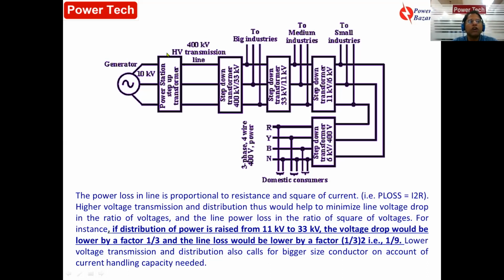This is HV or extra high voltage, EHV, transmission line. This is a 1000 kilometer line or 500 kilometer line. Then you step down from 400 kV to 33 kV.